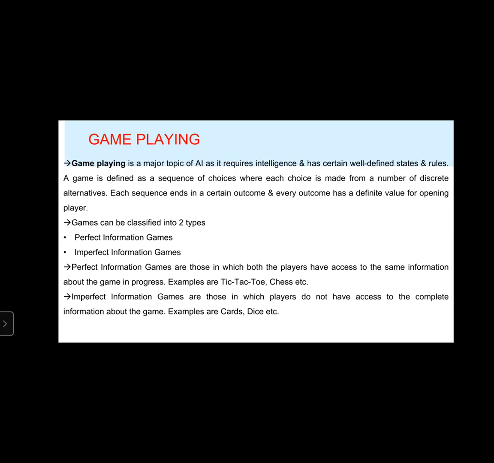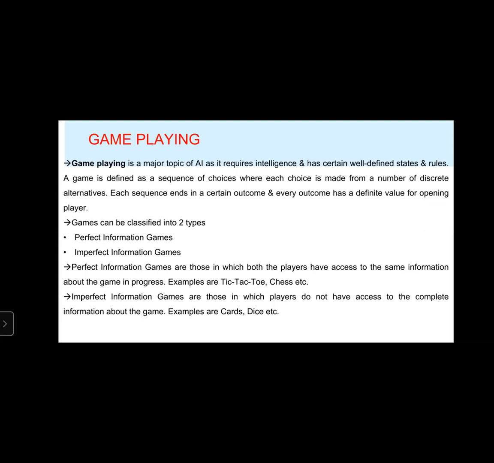Here a game is defined as a sequence of choices where each choice is made from a number of discrete alternatives. Each sequence ends in a certain outcome, and every outcome has a defined value for opening play.